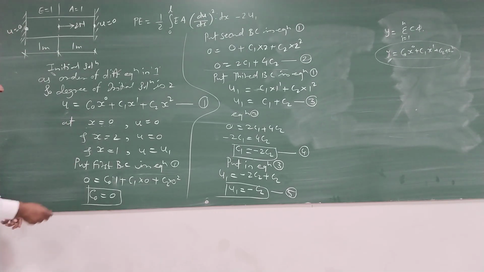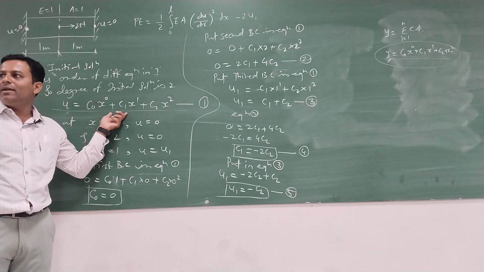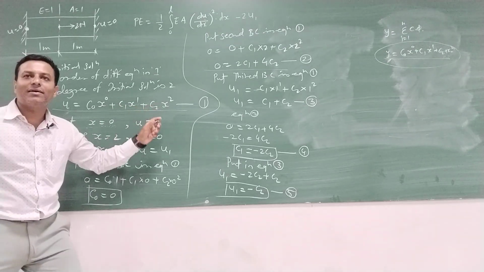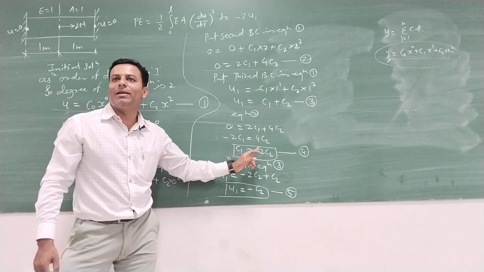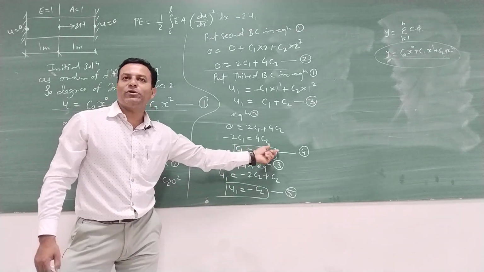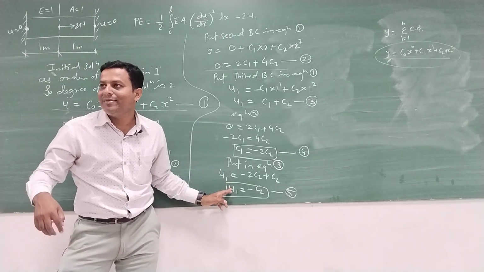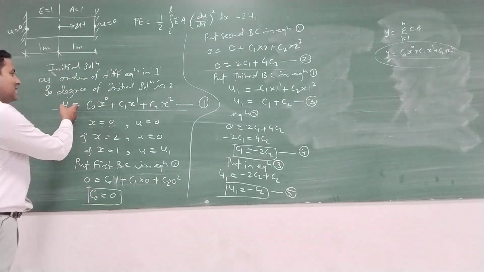So actually we want to determine the values of C0, C1 and C2. We have the value of C1 and C2, but they are in terms of some variable, means C1 with respect to C2 or C2 with respect to displacement at point 1. Okay, so we'll try to simplify this equation.